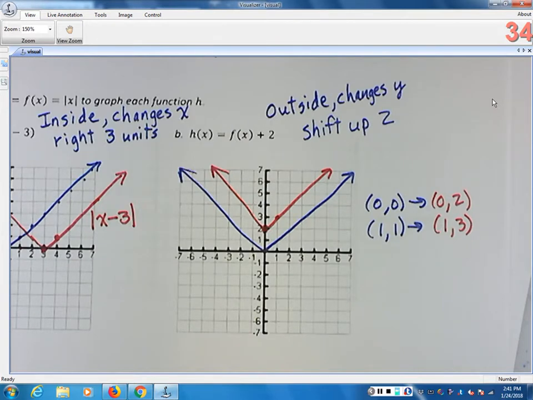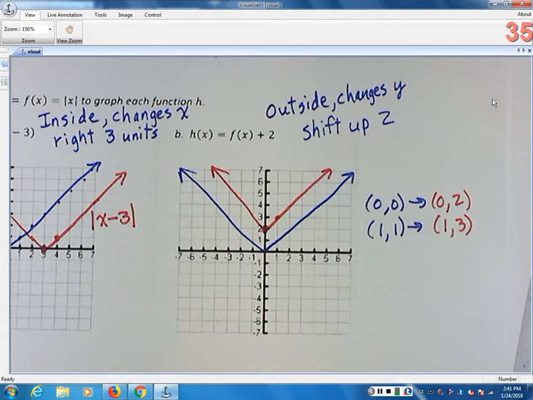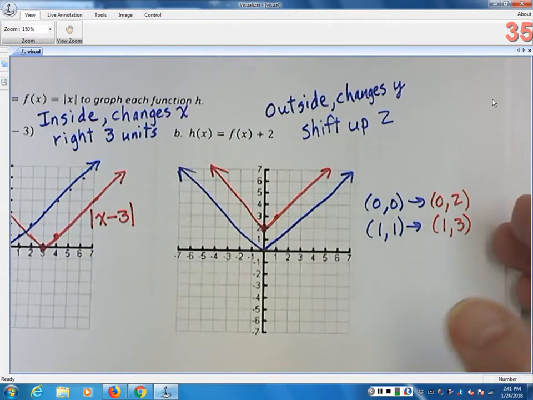You can add or subtract the coordinate. And if you actually need to pick points and follow it like that, you always want to pick the vertex and one other convenient point. So, any questions?